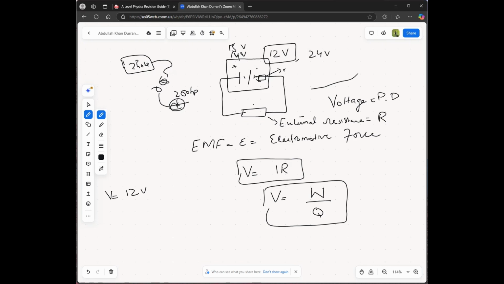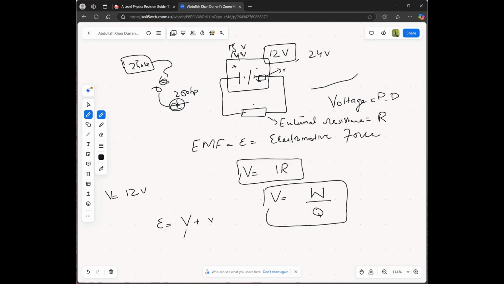So if I denote this EMF, which is the total voltage or potential difference that the battery makes, it's basically the sum of the voltage that makes its way out, which is capital V, plus the lost voltage or potential difference, which I would denote as small v.